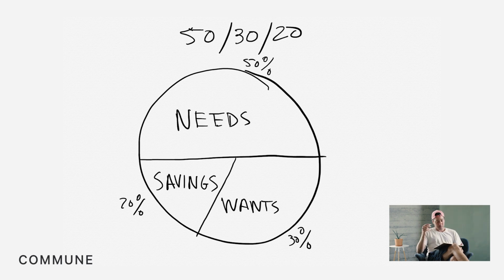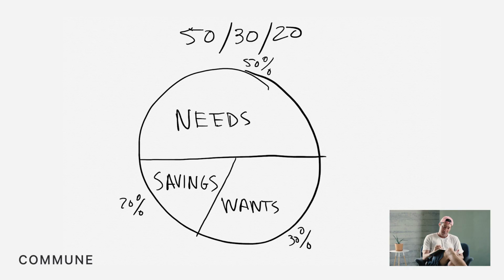Okay, so with your needs, these are things that you have to pay for. This is things that if you don't pay for them, something really bad happens. So a place to live. We need a place to live, whether it's mortgage or our rent. If we don't pay them, we're either losing the home we own or being kicked out of the place that we're living in.